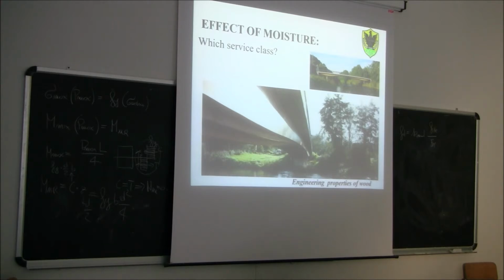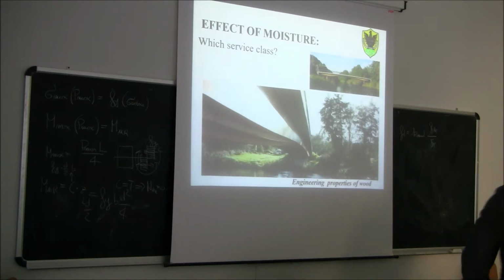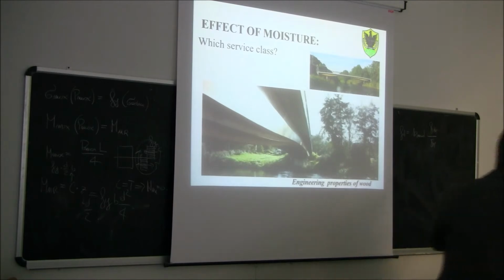Here we have a doubt actually, because why could it be 3? It's outdoor, but you see it's protected from the rain. Well, not always. If you have a very strong wind, it will bring a little bit of water.